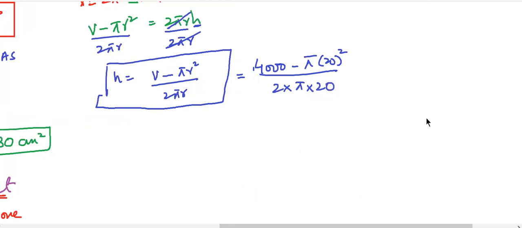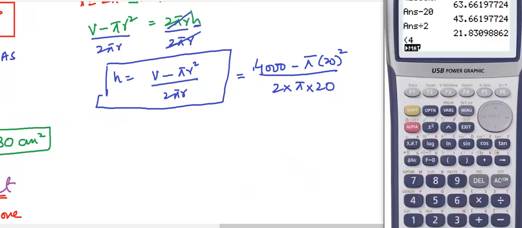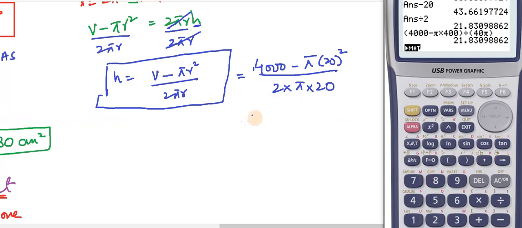I'm going to use the calculator. 4,000 minus pi times 20 squared, which will be 400, and then all of it is divided by 40 pi, since 2 times 20 is 40. This gives us 21.83.